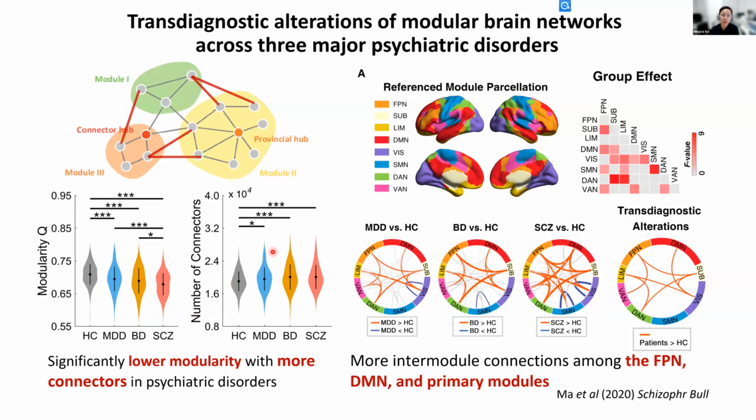So the disrupted modular structure is highly associated with the randomized connections. The hyperconnected connections were observed among almost all the functional systems in all three kinds of major psychiatric disorders.